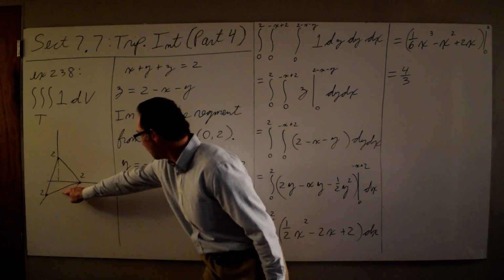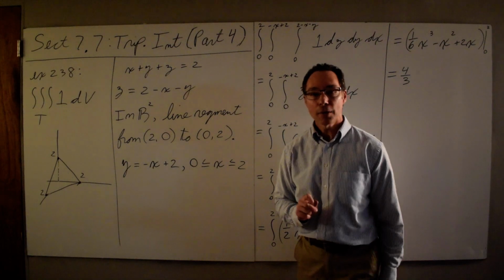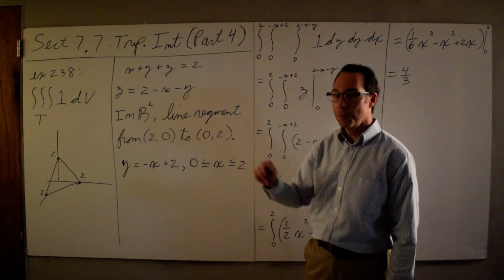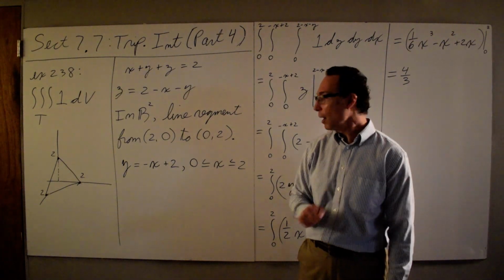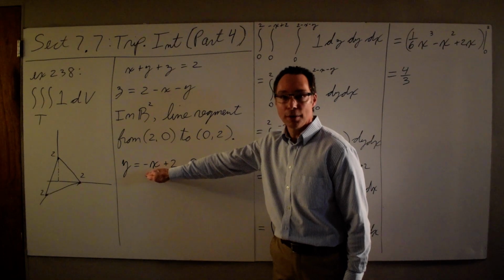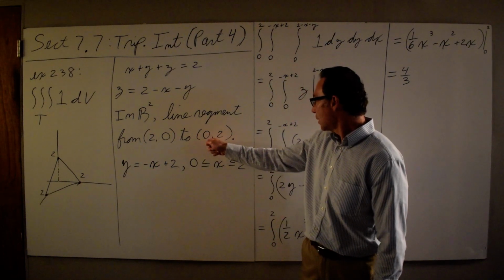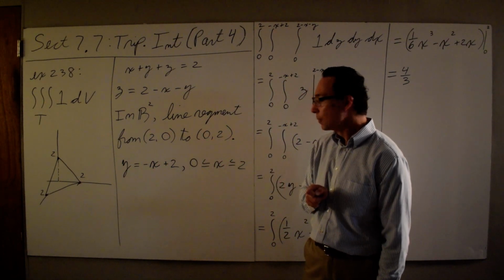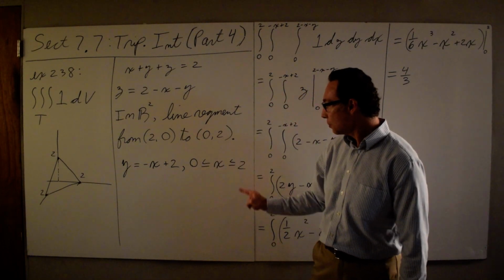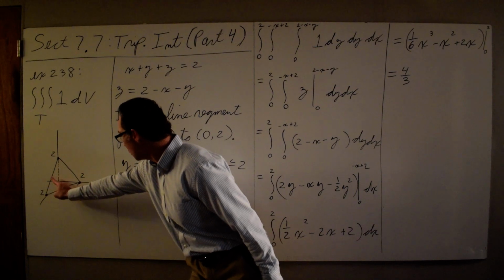That line segment goes from the point (2, 0) to (0, 2). So we find the equation of the line that passes through these two points. It has slope -1 and y-intercept (0, 2). So we have the line y equals -x plus 2. X ranges from 0 to 2.